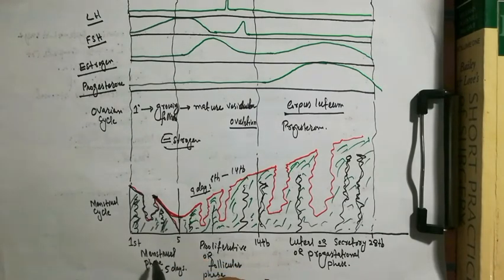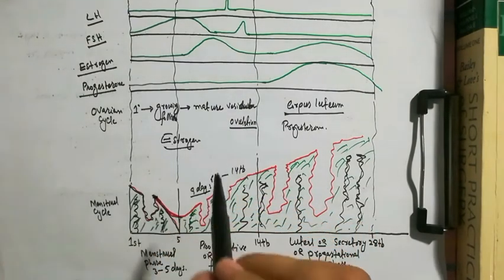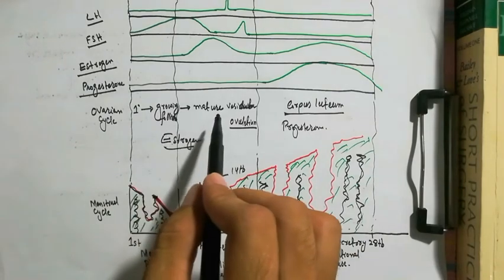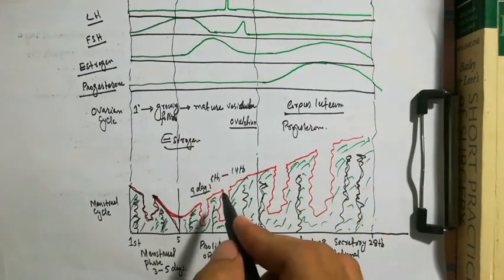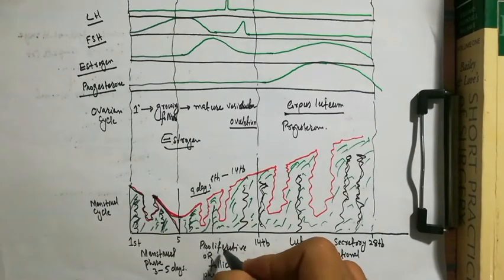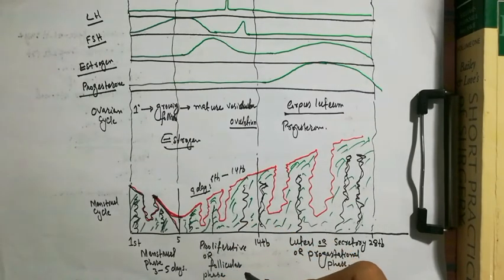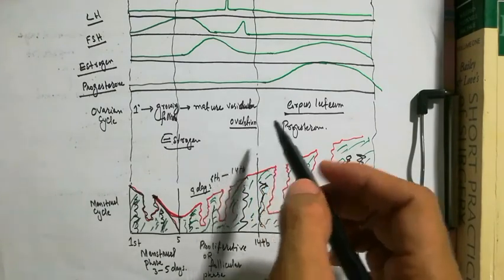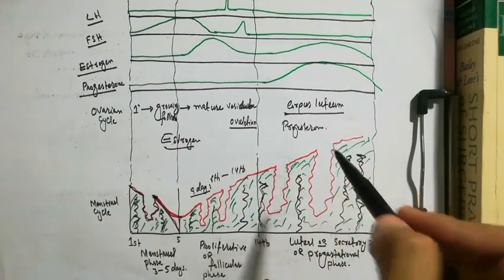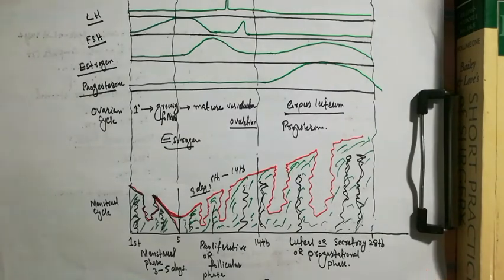Menstrual phase is going on. When growing follicles become mature, at that time the endometrium is passing through the proliferative or follicular phase. And in the ovary, when ovulation has occurred and the corpus luteum is formed, the endometrium is passing through the secretory phase.